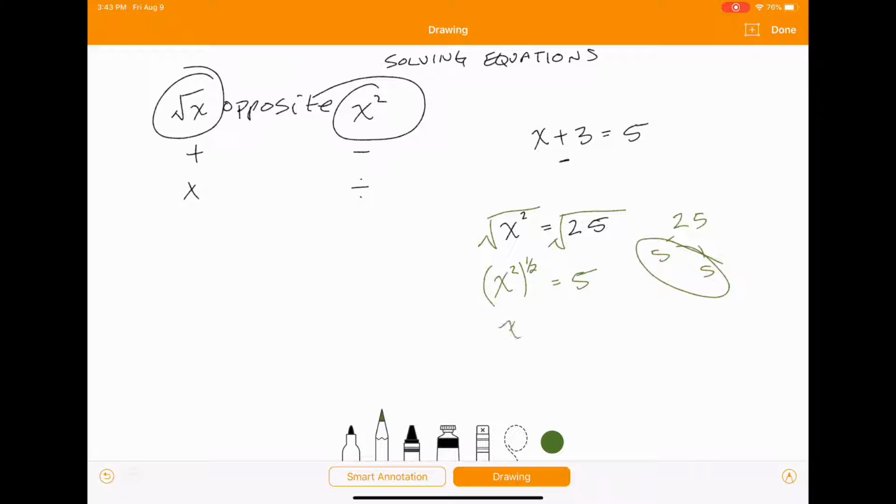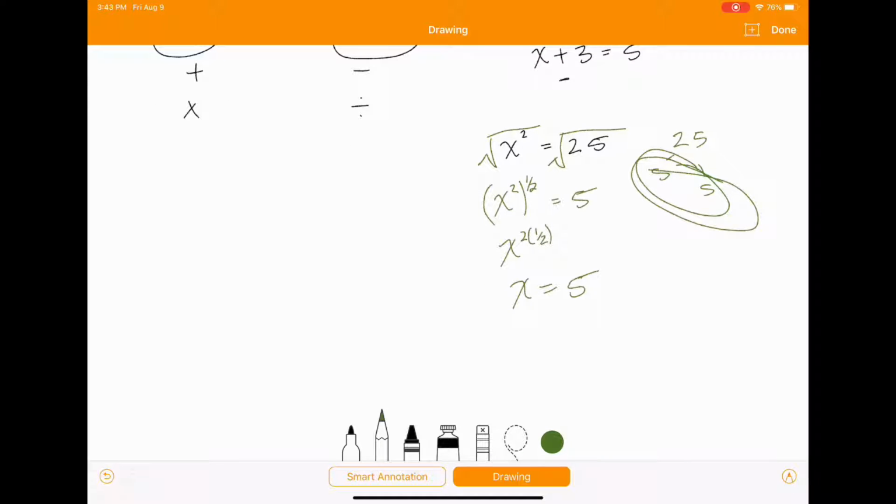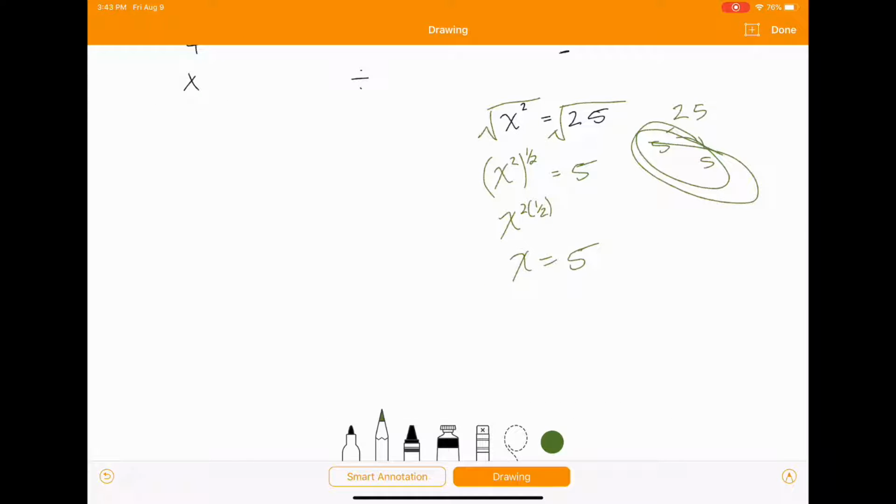Right? So then that's the same as x to the 2 times 1/2, which is just equal to x to the 1. So x is equal to 5 because we ran our prime factorization over here. Got our pair of 5. Right? So again, you just take the square root of both sides.